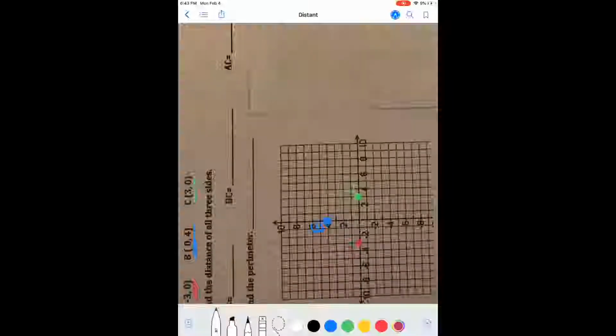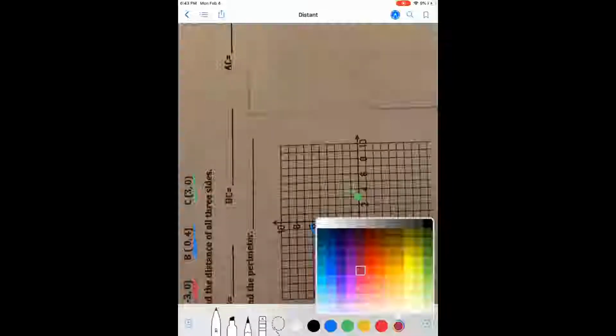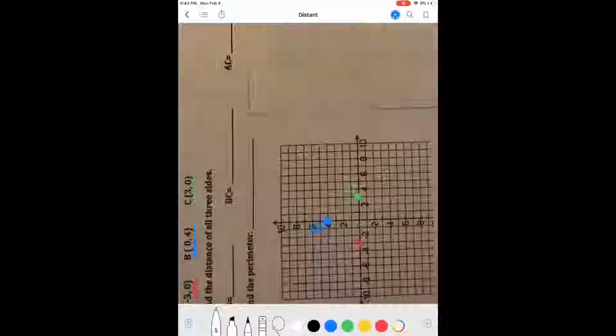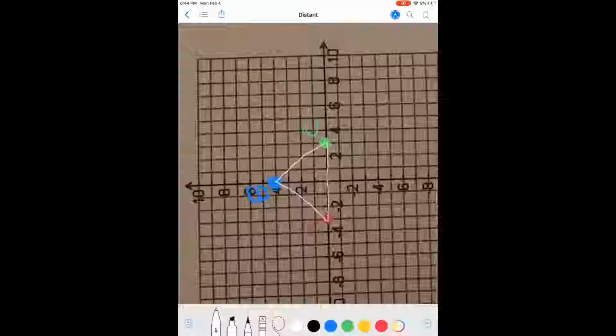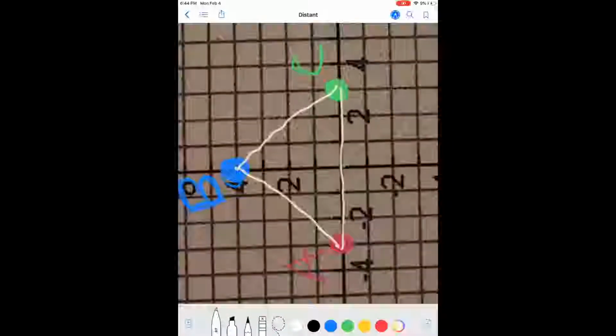And let me draw. I'm going to do a very faded color to connect these, so we can talk about the distance in between these. This gives us an example of one that is exactly right to left or up and down to each other.